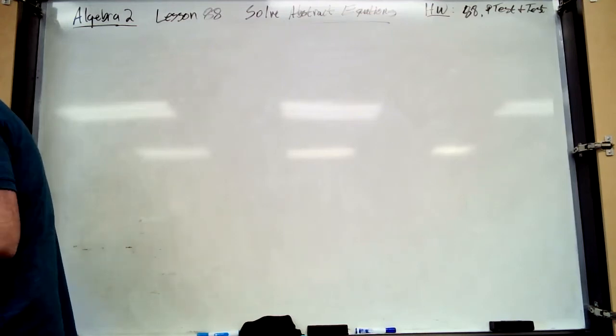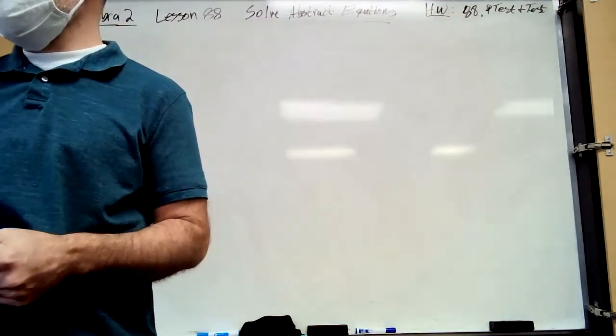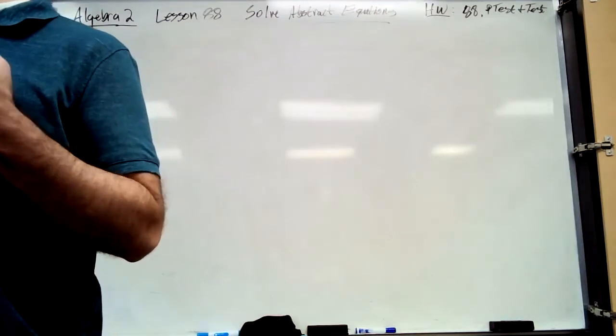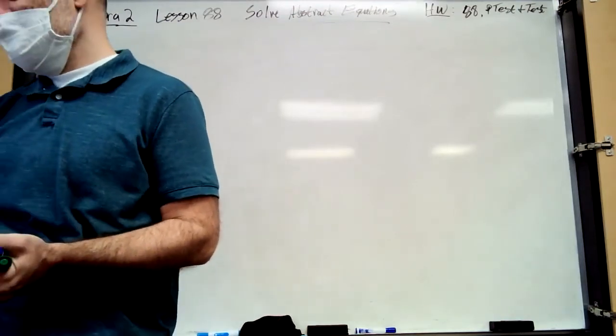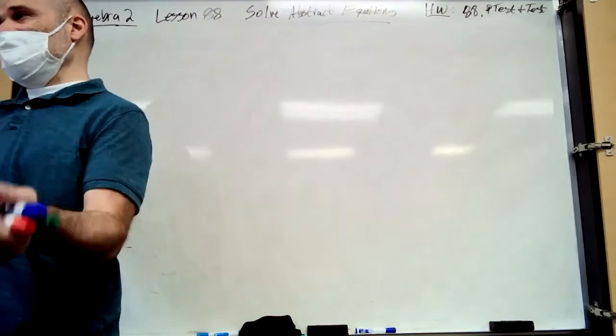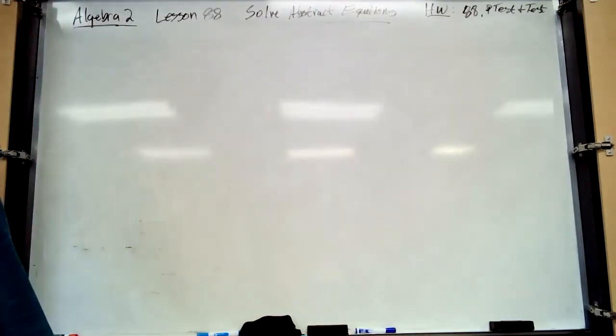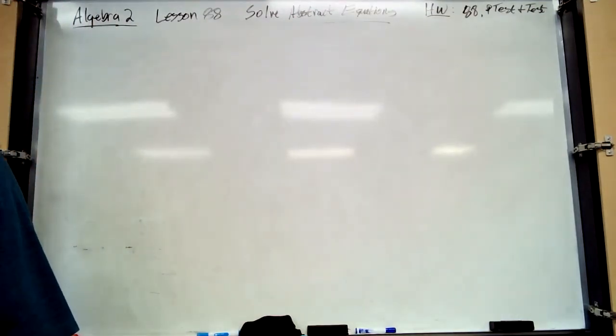It's also called a literal equation because when you solve it, you don't have a nice numerical value. You have an expression with other letters. So you're just rearranging an equation. It's kind of like when you clean your room and you move all your mess to one side of the room. Okay, but that area is clean.